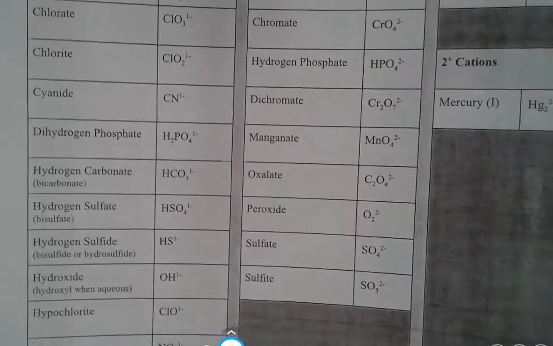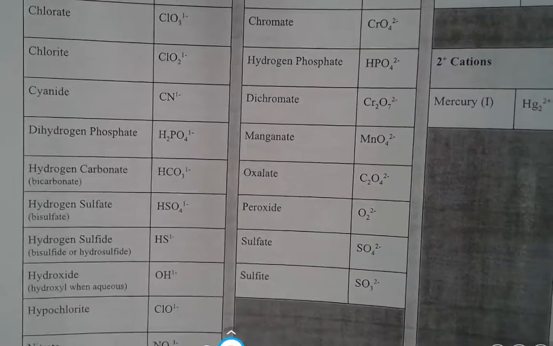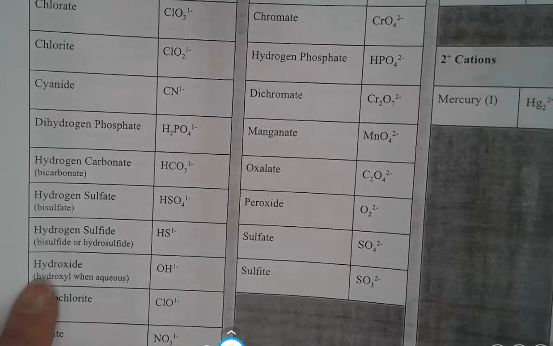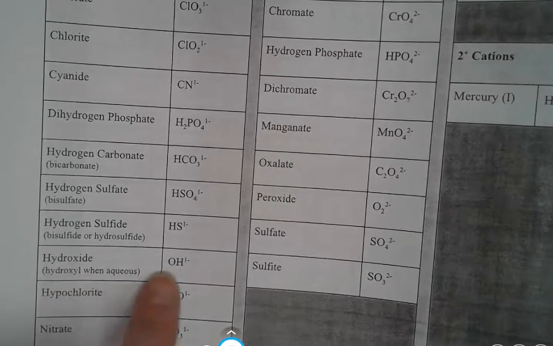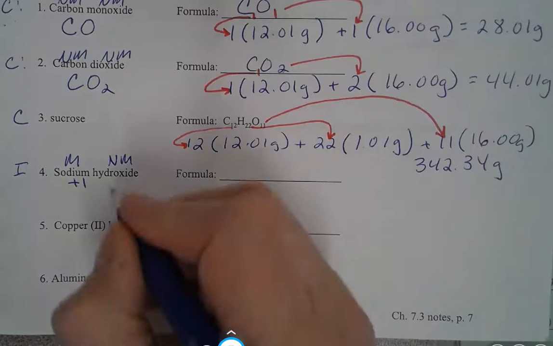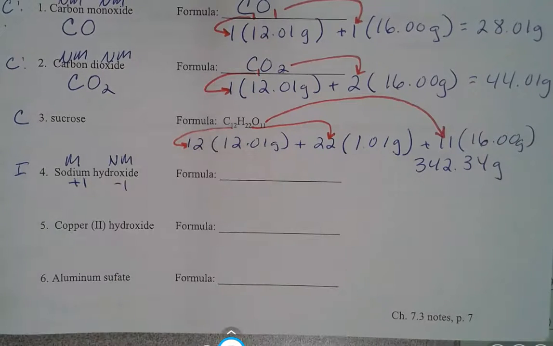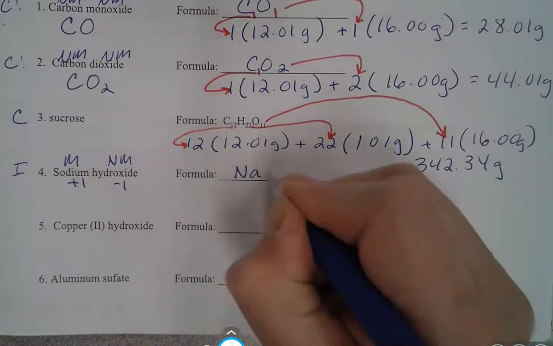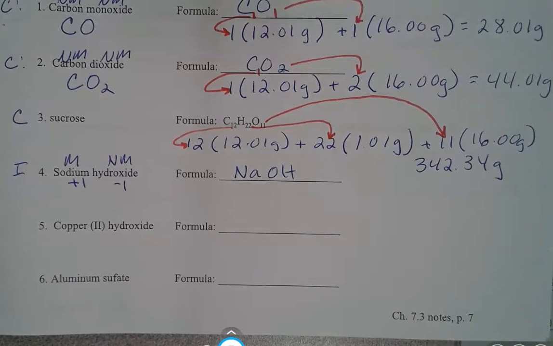Here's hydroxide. Remember that? OH negative 1, and now what? Do my charges cancel out? And the answer is yes. So you just write down NaOH.